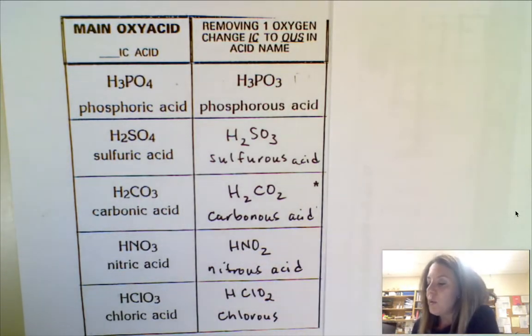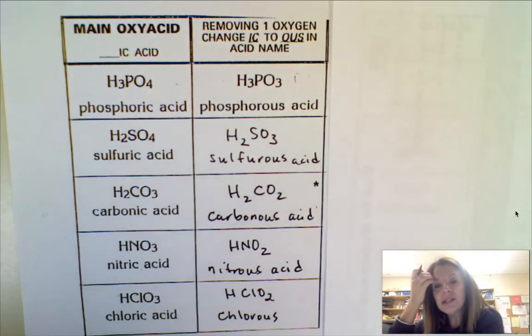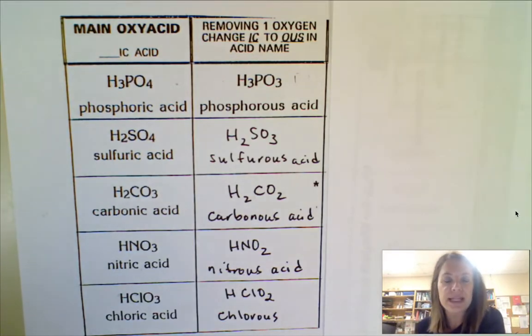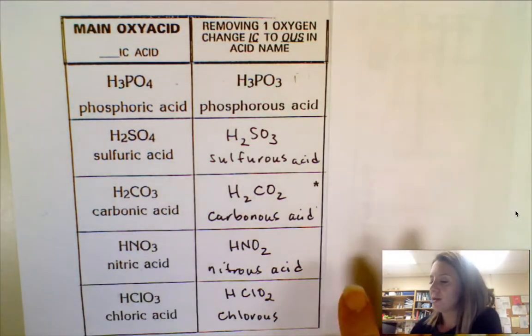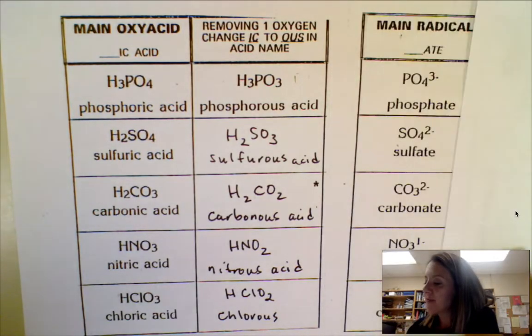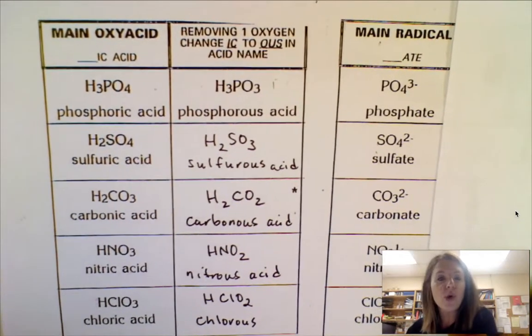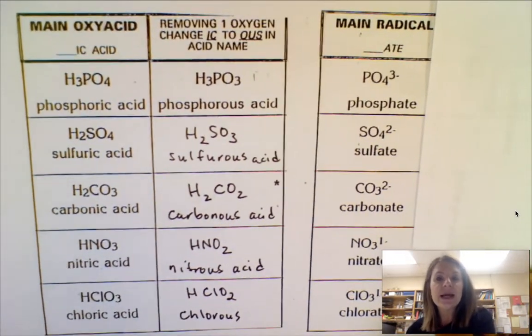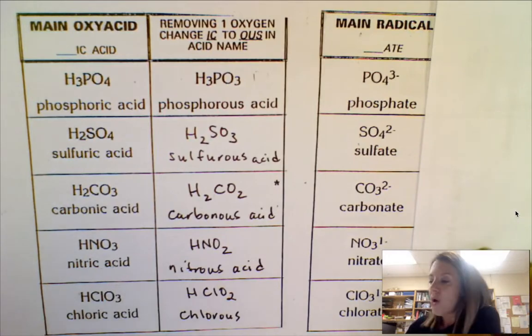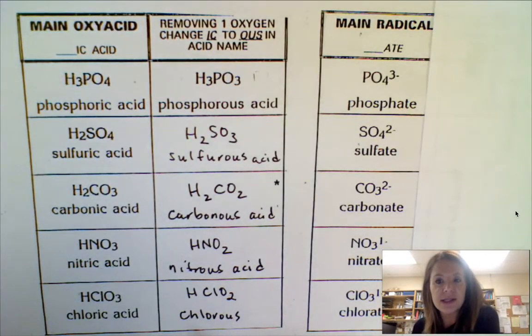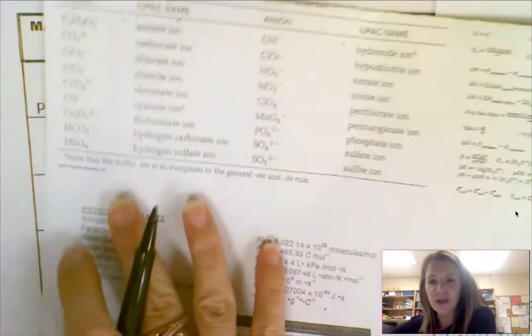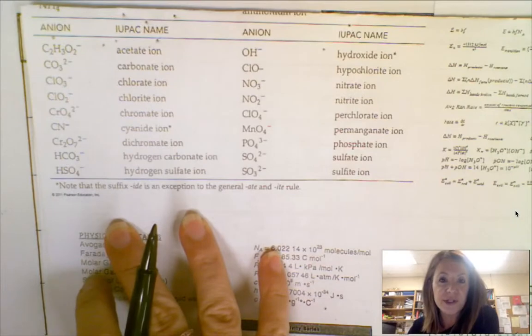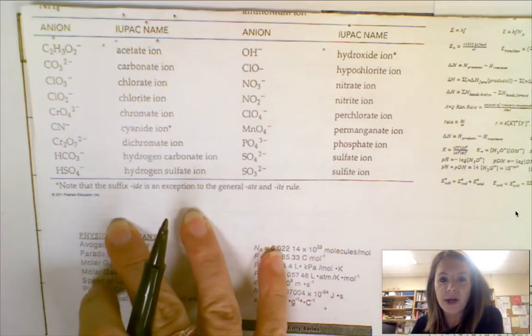Then what we want to do is take a look at how this relates to some of our polyatomic ions. What you have to know is that all of your ic acids are derived from your ate ions. When we look at our periodic table, we have a list of polyatomic ions that we often refer to when we are making our ionic compounds.